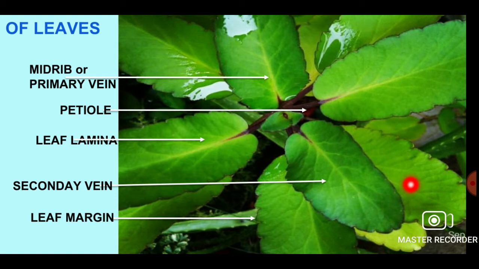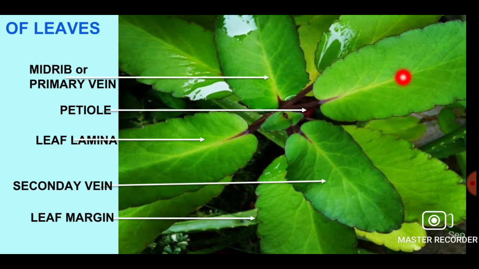If we exclude the petiole, then what remains in a leaf is known as the leaf lamina, which means that if this is an entire leaf, then if we exclude this stalk part, the entire part of the leaf is known as the leaf lamina. This entire part is known as the leaf lamina, while this part below the leaf lamina is known as the petiole or the leaf stalk. So this entire thing is the leaf lamina.